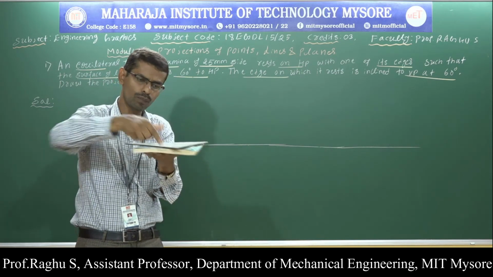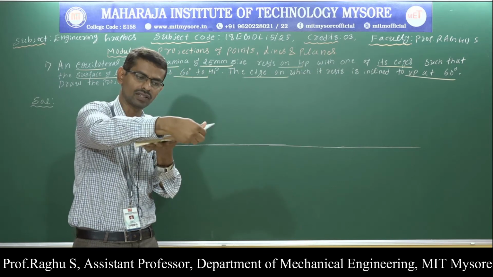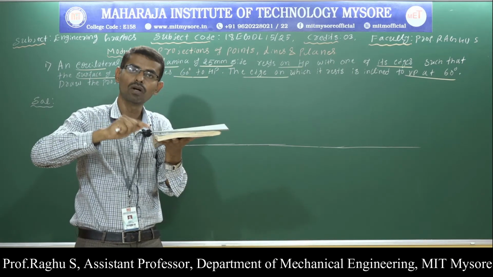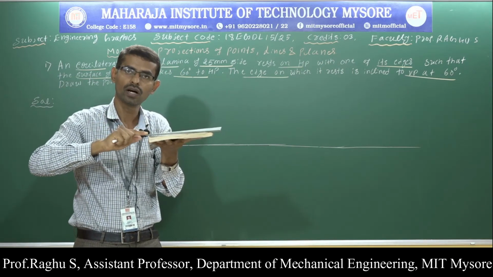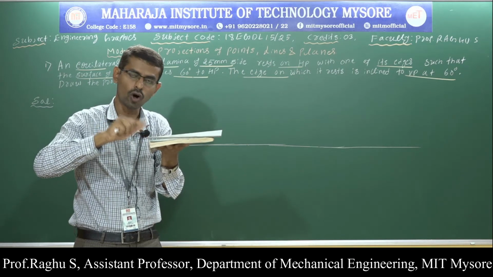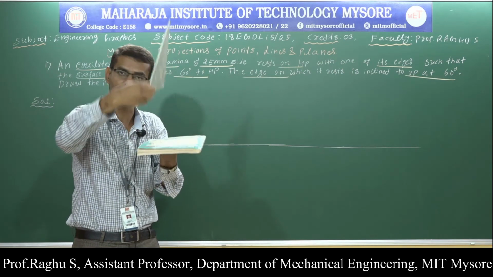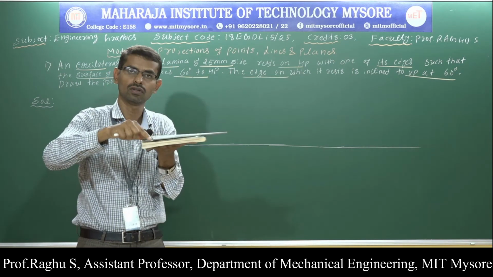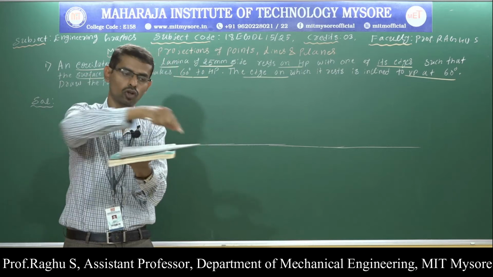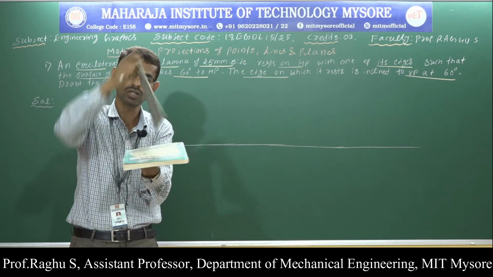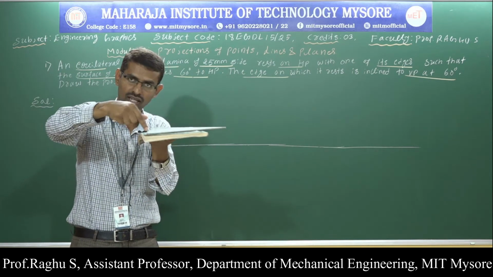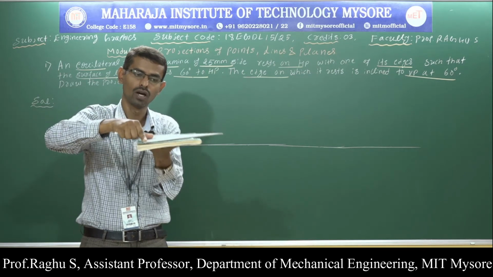Suppose if you place the lamina like this, the resting corner comes towards your left side. This is the corner resting condition, but in the problem he has mentioned that the lamina rests on HP with one of its sides. Therefore, you should place the lamina like this. You should not place the lamina like this, because the lamina resting on HP with one of its sides, the resting side should come towards your left side.